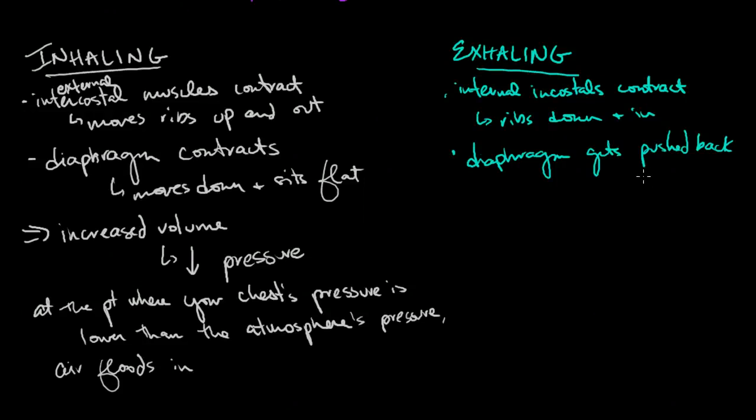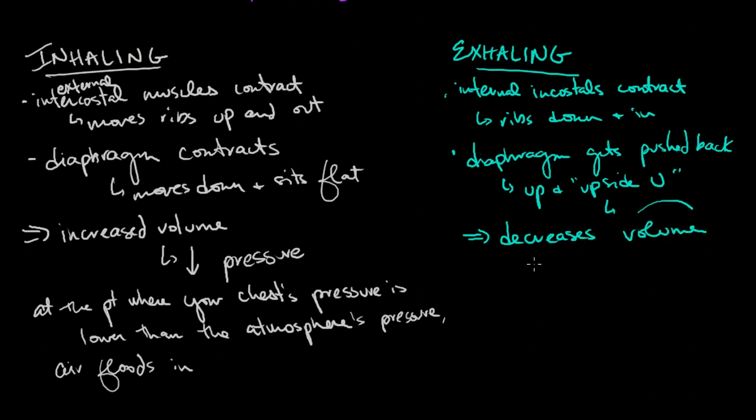But in essence, the diaphragm goes back to its original shape, which is up and kind of like an upside down U shape. So it actually looks like this. And what that does is decrease the volume in your chest, which increases the pressure.